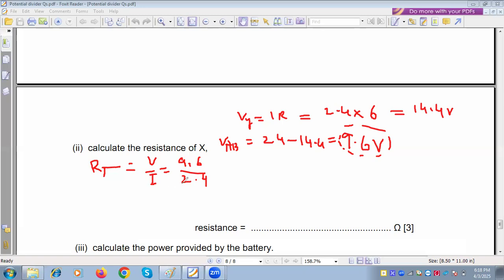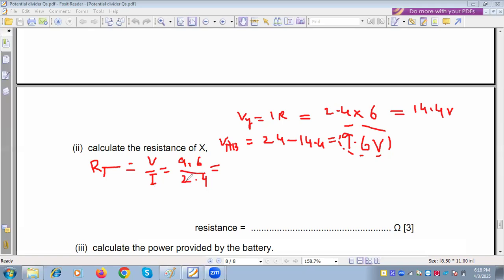This method is going to be a little bit lengthy, because for the total combined resistance we will have to apply the formula of parallel combination.